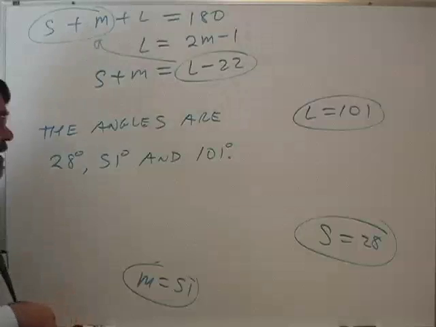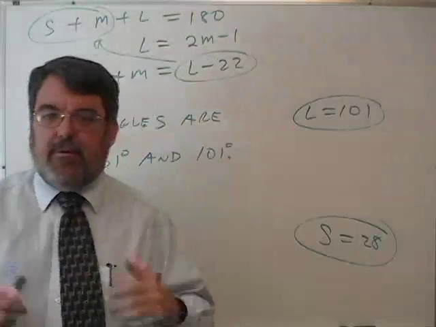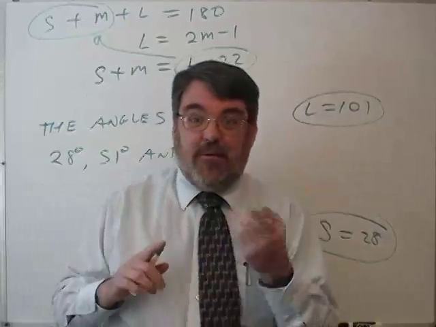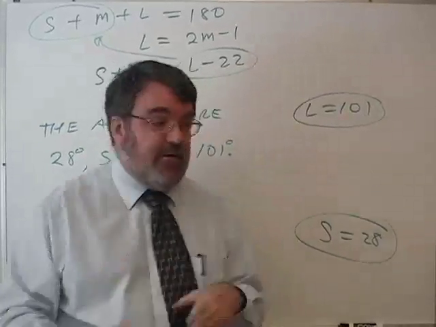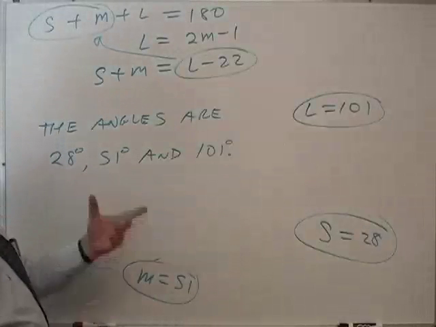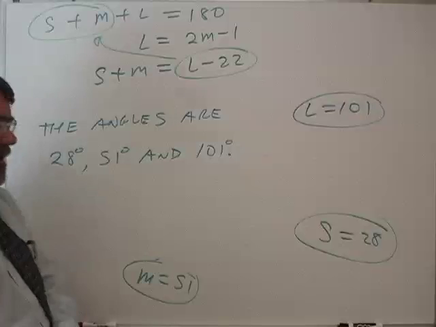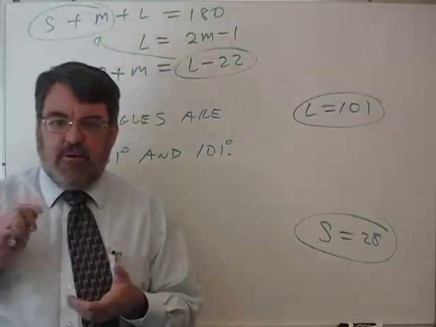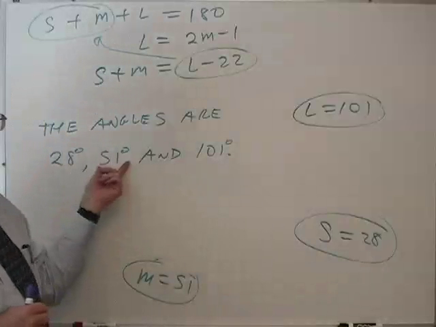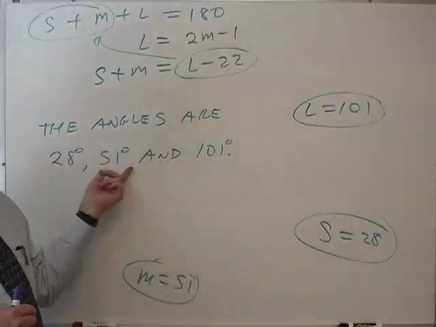All right, so now I don't have the problem written up here, but I'm trying to remember what it was. First of all, we have the sum of the angles is 180 degrees. So do these add up to 180 degrees? They do. That's easy to verify. The largest angle was 1 degree less than twice the middle angle. So twice the middle angle is 102.